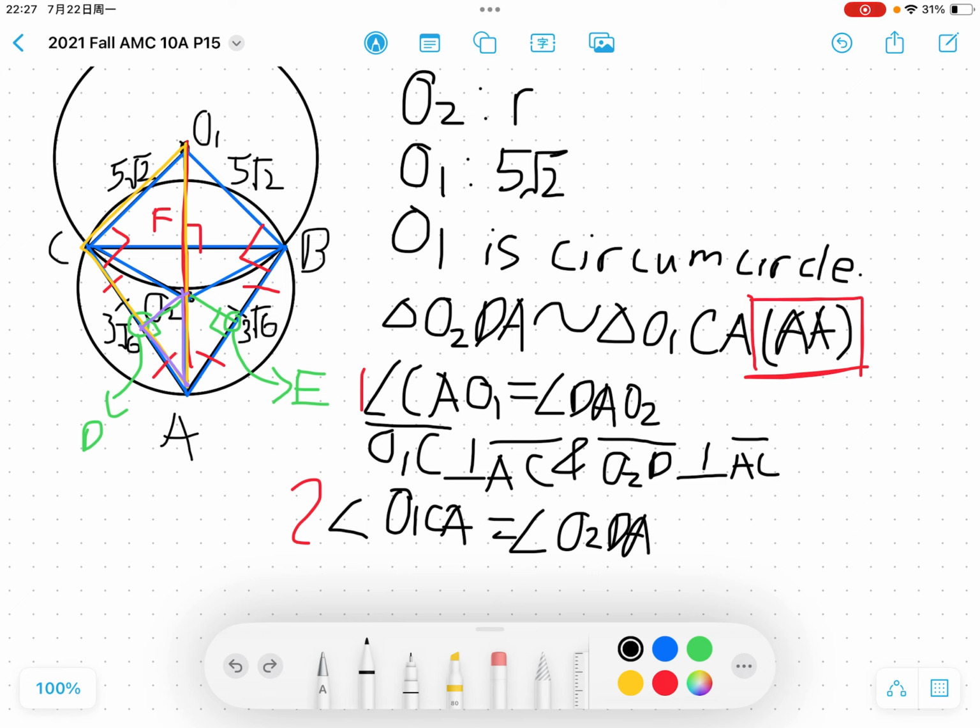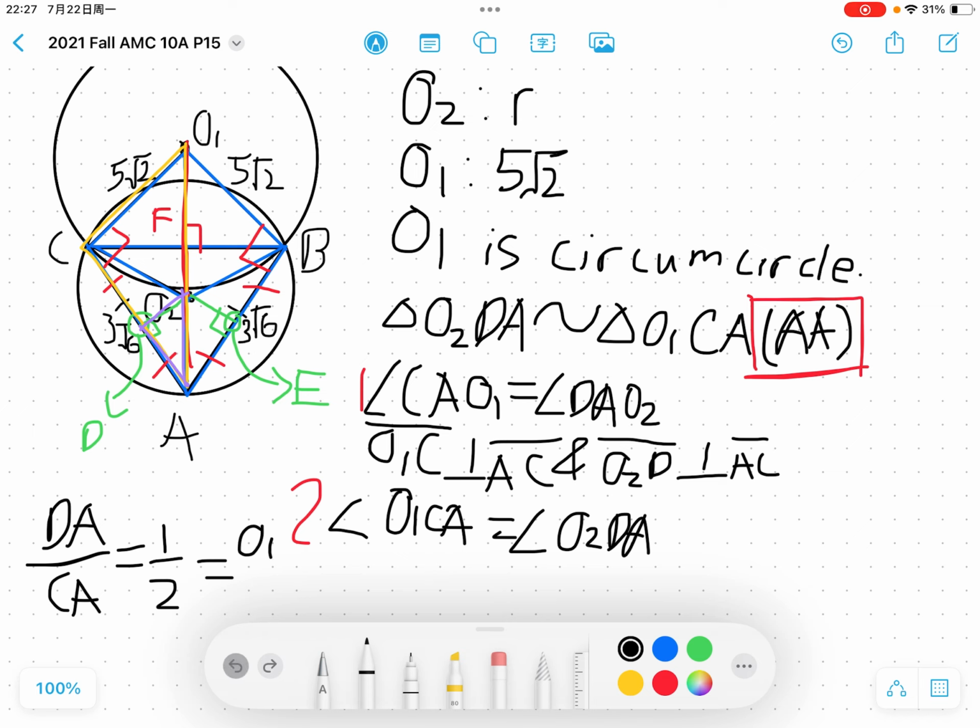And we know that O2D bisects AC. So we have DA over CA is 1/2. And since the triangles are similar, this ratio applies for every corresponding side.